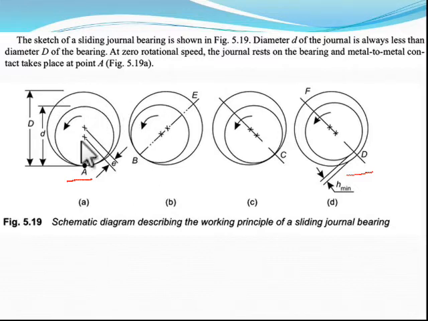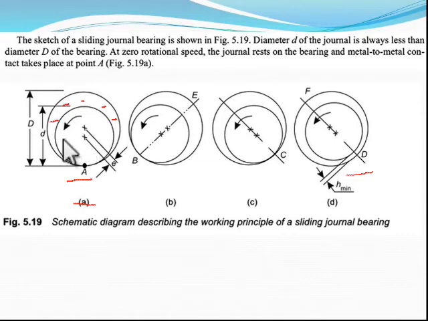In the initial condition, when it is in the stopped condition, because of the effect of gravity, the journal basically sits on the sleeve as shown in diagram A. The space between the sleeve and the journal is filled with oil, but because of the effect of the weight of the journal, the oil gets displaced to the upper portion of this gap.